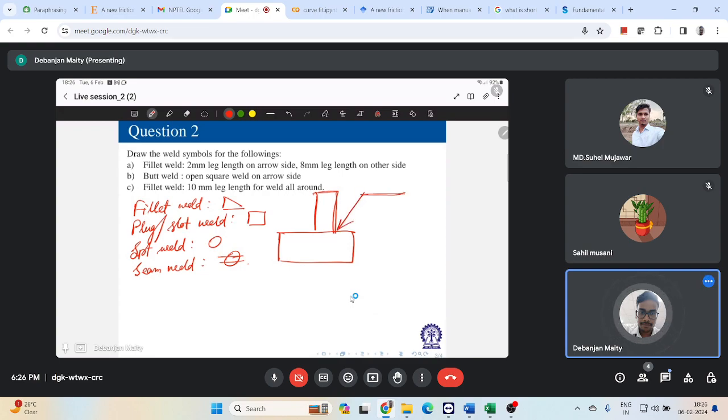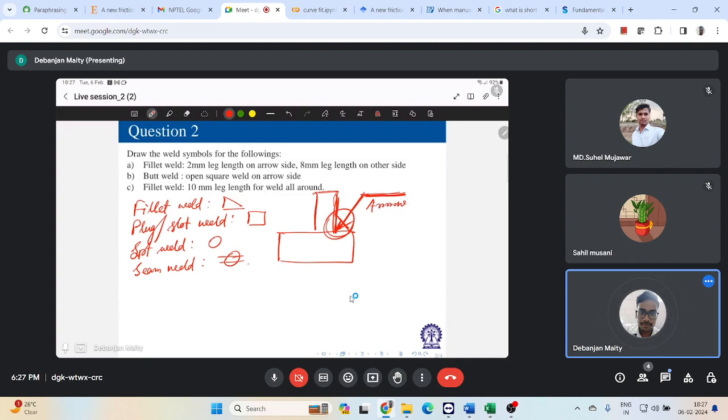So which one will be the arrow side and which one will be the other side or far side? The closest location for which this arrow is the joint. If this is a fillet joint, then I will provide the fillet joint specifications in the arrow side portion, which should be mentioned at the bottom part of this reference line, right?